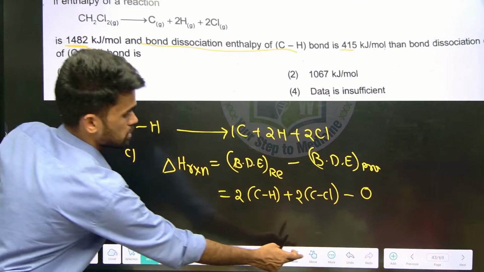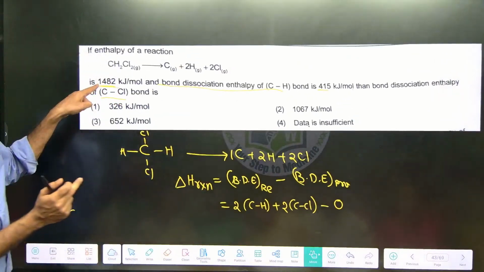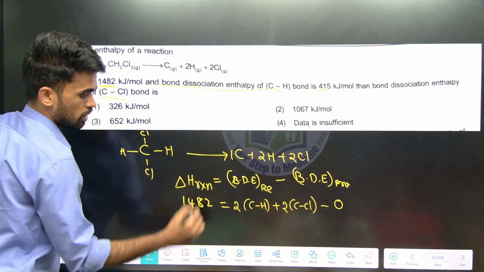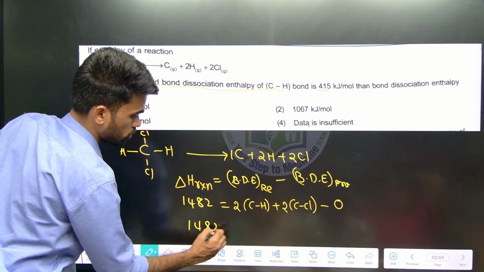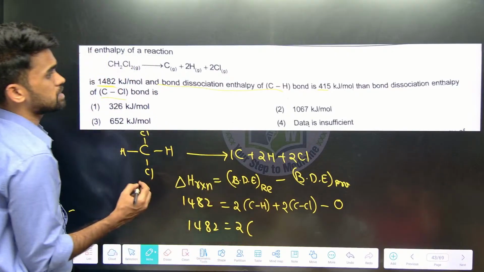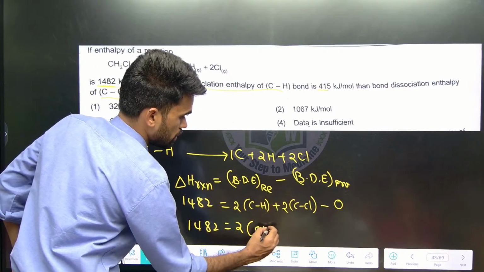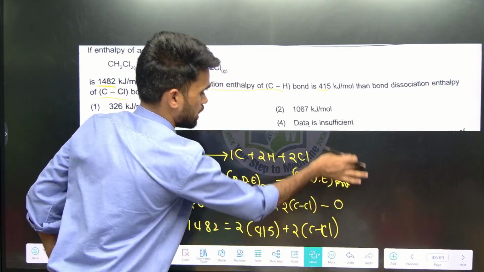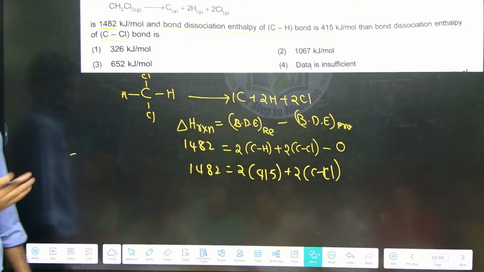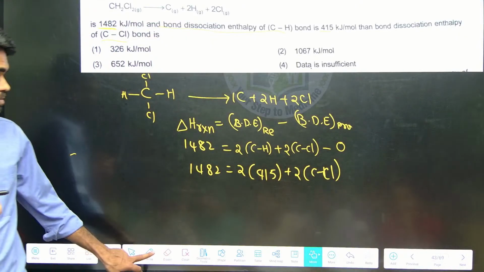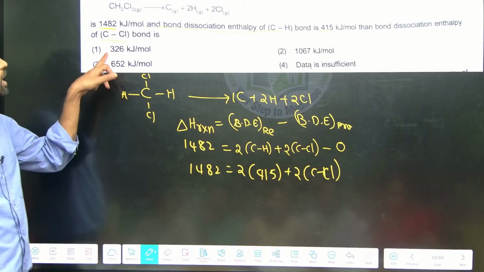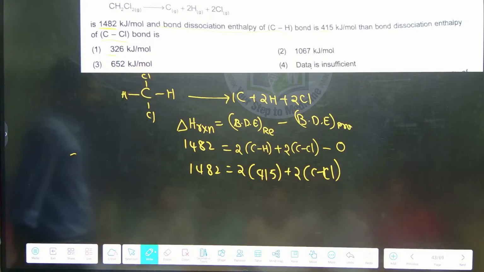The enthalpy of this reaction in the question is 1482. So 1482 equals 2 into C-H, which is 415, plus 2 C-Cl. Except the C-Cl bond energy, we have everything. So simplify it and you will get one of these options: 326. Do it fast.